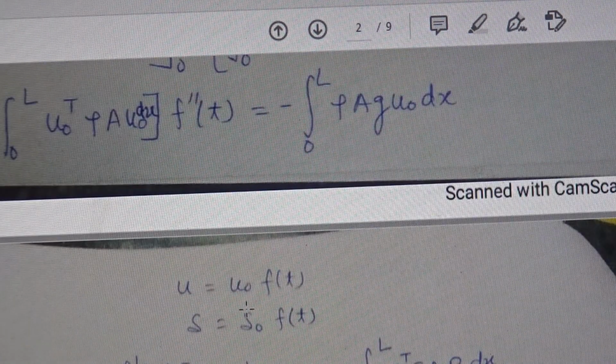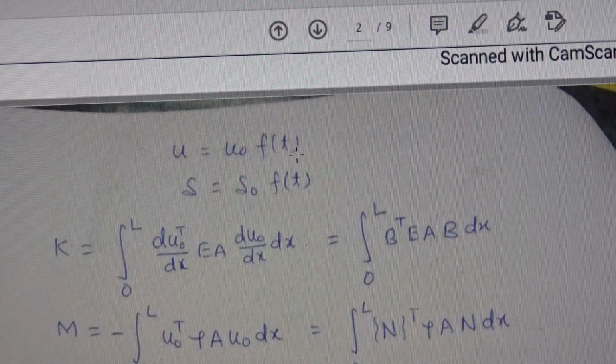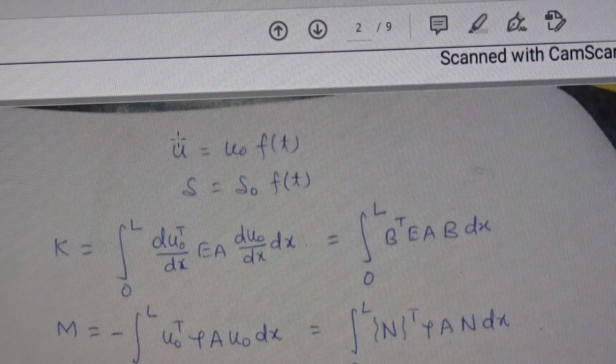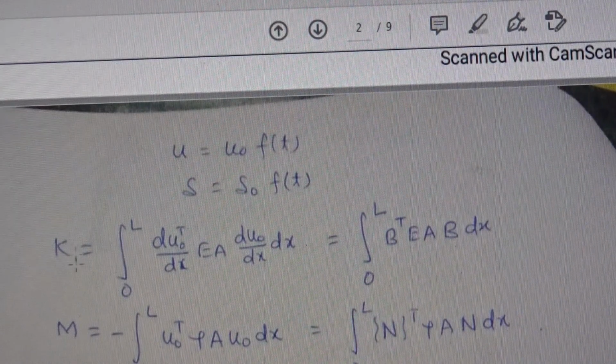Here u is equal to u naught f of t, but generally u is in terms of the degrees of freedom, and u is denoted as delta. Delta is equal to delta naught f of t. Delta is the degree of freedom, so u naught is written in the form of delta. Now you can get k as discussed in the static conditions.